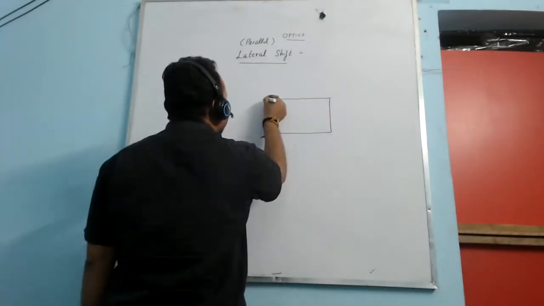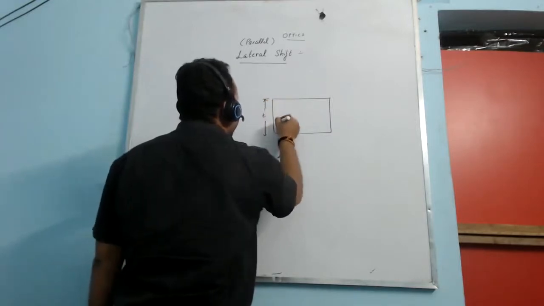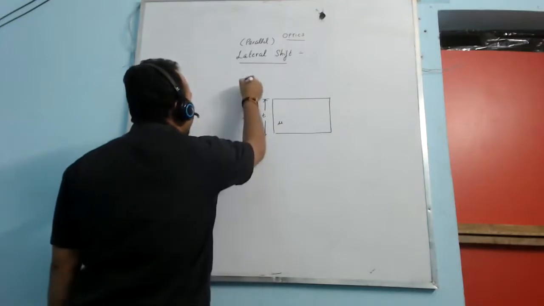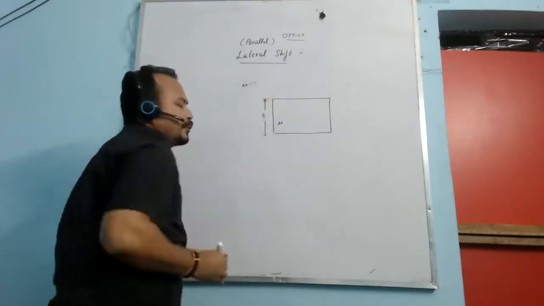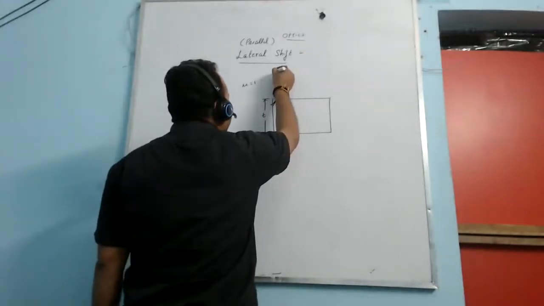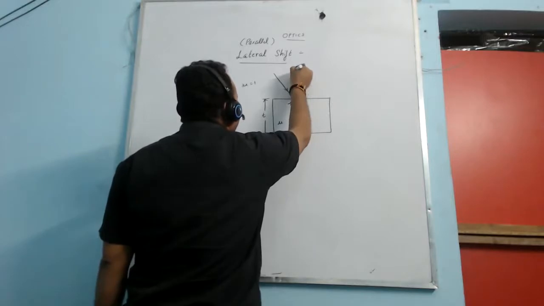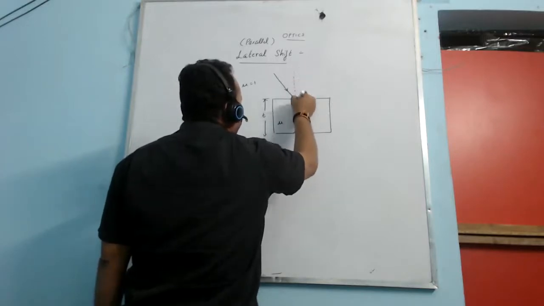and let T be the thickness of the glass slab, and the refractive index of the glass slab is mu, and outside the glass slab we take mu equal to 1. A ray is falling on the glass slab like this, and here the refraction takes place.